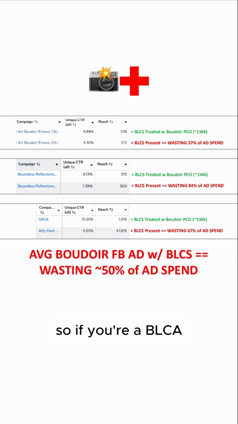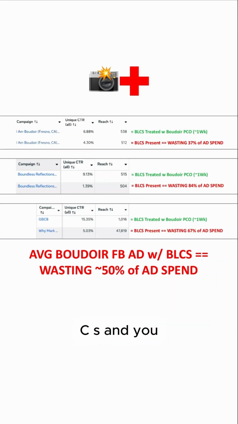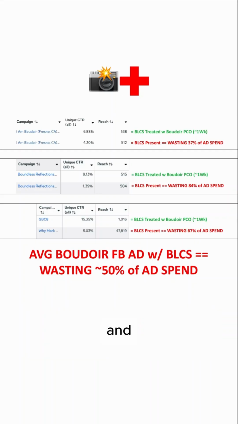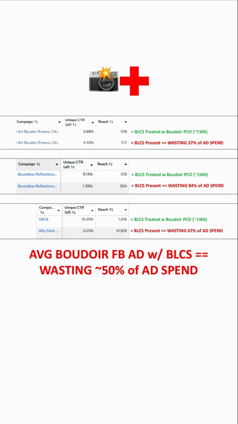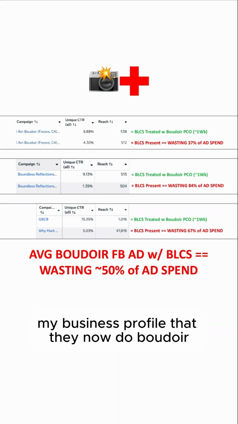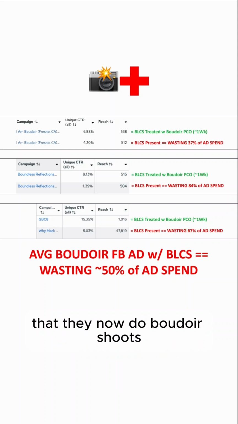So if you're a BLCA with BLCS, so a Boudoir low click advertiser with BLCS, and you're spending more than 10 grand a month on Boudoir Facebook ads, and you're seeing the market get more saturated with more boudoir photographers. Anytime someone gets a new iPhone, they're putting on their Google My Business profile that they now do boudoir, or they get a new camera and they're posting in the mom groups that they now do boudoir shoots.